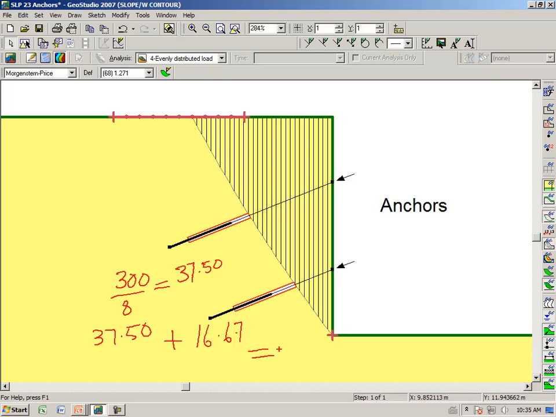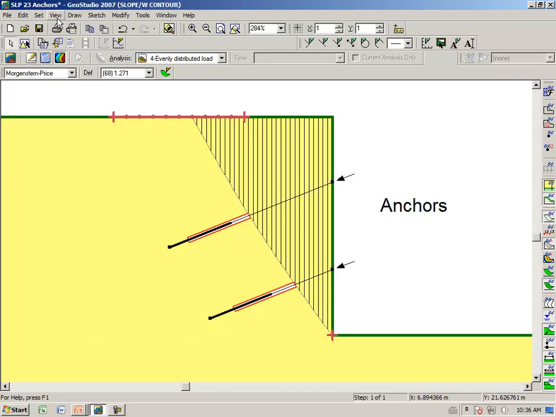So 300 divided by 8 plus 16.6 gives us 54.1, and that is what we saw Slope W had used.